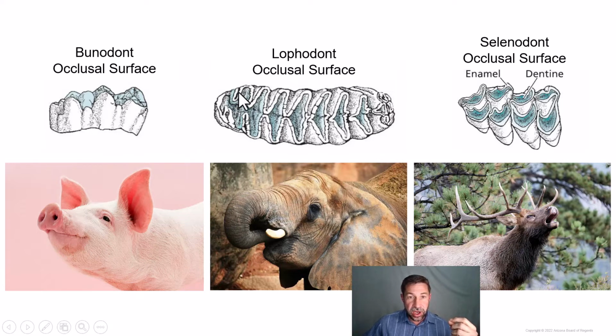Alternatively, the cusp may form this continuous ridge or loaf, such as occurs in elephants in a pattern termed lophodont. And then finally, if the loafs are isolated and crescent-shaped, as in deer, like this elk or wapiti, we deem it selenodont. And I'm going to show you some skulls here with all of these cusp patterns in just a moment.